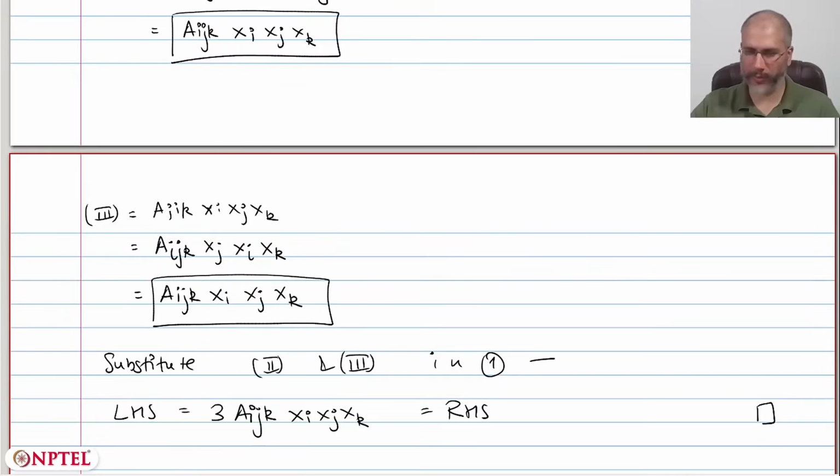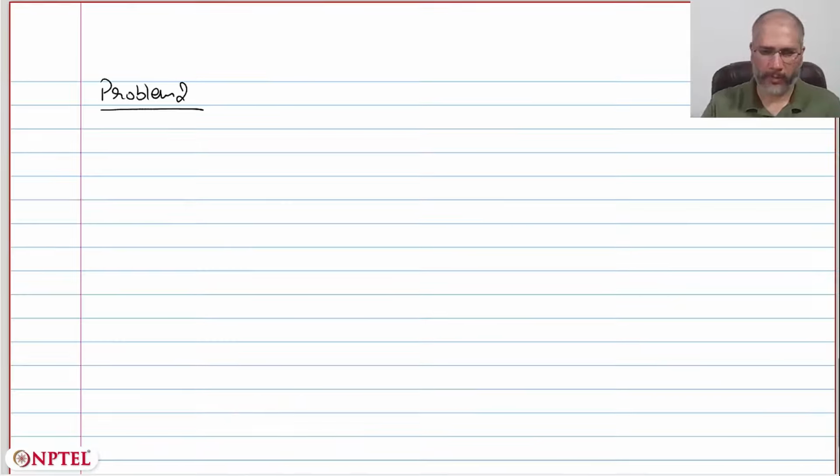These kinds of methods of replacing the indices are really helpful with simplification in expressions involving indicial notation. So we will be using this skill again and again in this course for simplification of expressions. Right, so let's move on to the next problem.